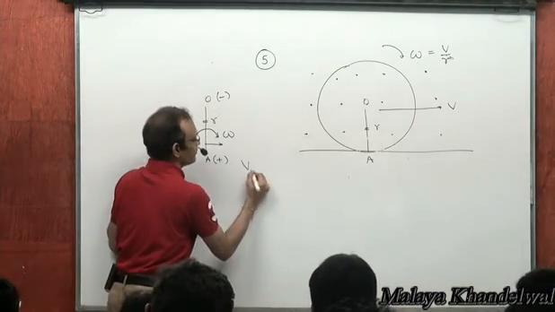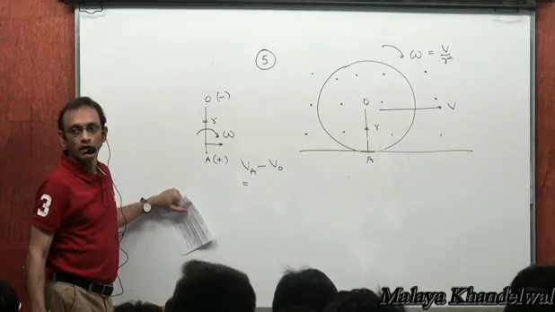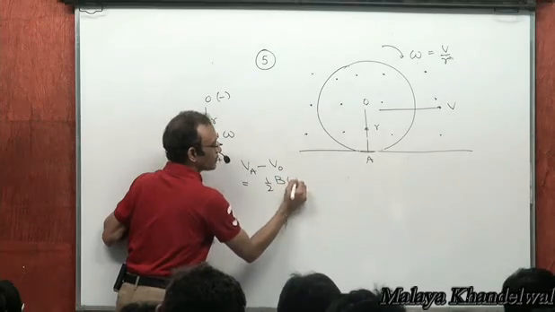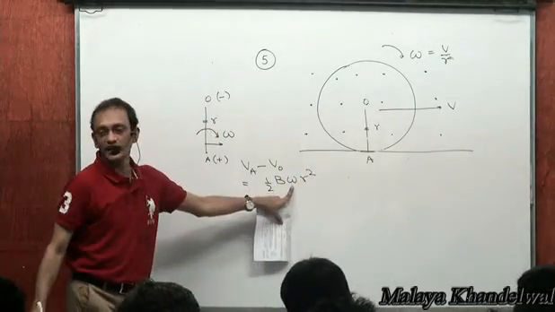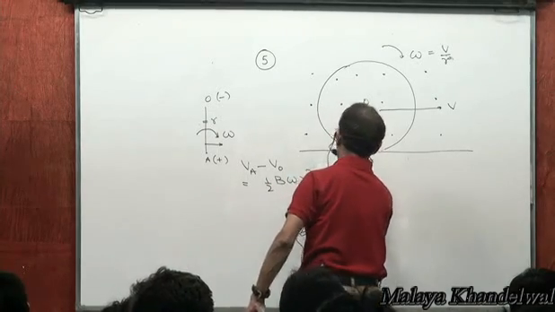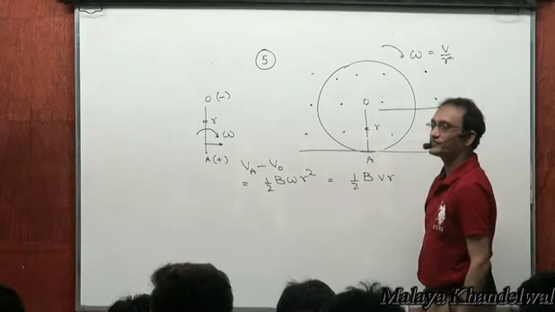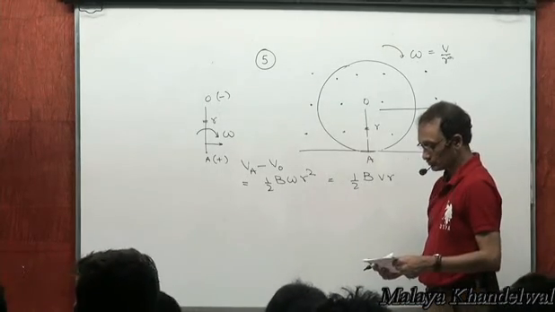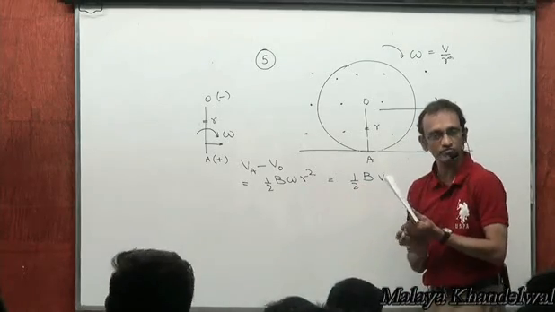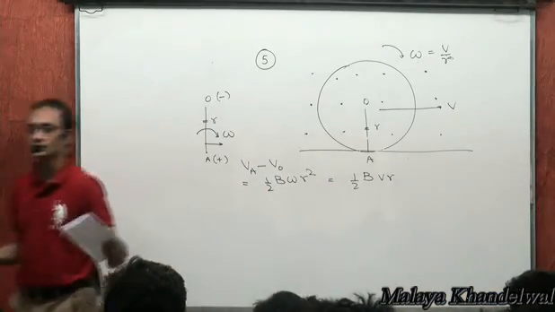So then, can I say VA minus VO is going to be half B omega r squared, where omega I can write as v by r. Half Bvr. So that's VA minus VO. And VO minus VA therefore would be minus half Bvr. Clear? Alright. Let's look at the next problem. Simple, isn't it?